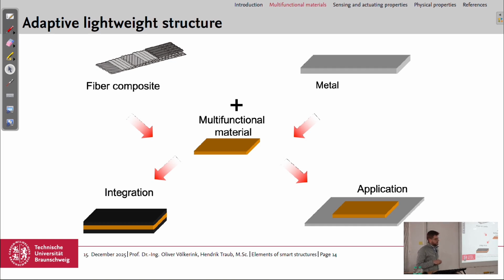So with these multifunctional materials, we can then build up our adaptive lightweight structure. We have the structural material, the load-bearing material, which could be a fiber composite or a metal. And then we add the multifunctional material to it to get a multifunctional structure.